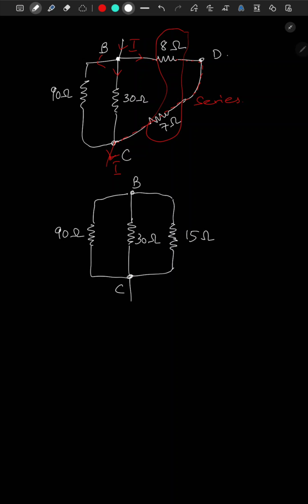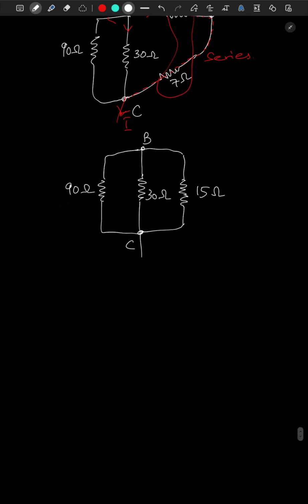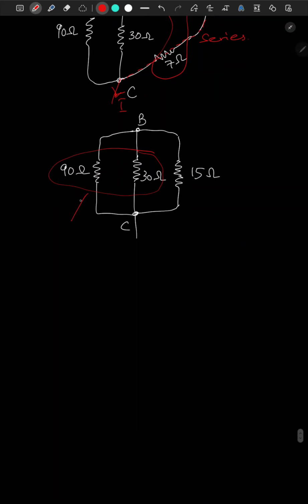So now we have three resistors in parallel. So we can work out first these two in parallel and then we work the rest. So let's work this out. 90 times 30 divided by 90 plus 30.